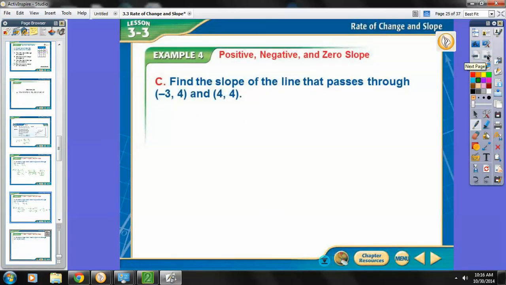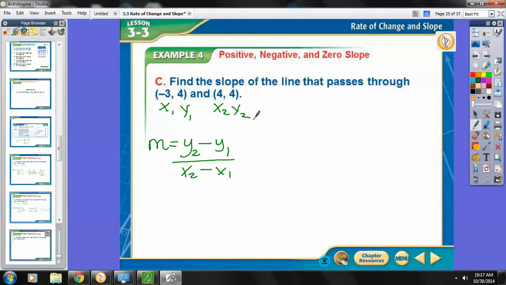Put your answer, your fraction, in simplest form. Here's our next one. Please copy these ordered pairs down: (-3, 4) and (4, 4). So again, I label my ordered pairs so that I know exactly where to plug into my formula. It's kind of foolproof here, guys, if you can do your algebra.